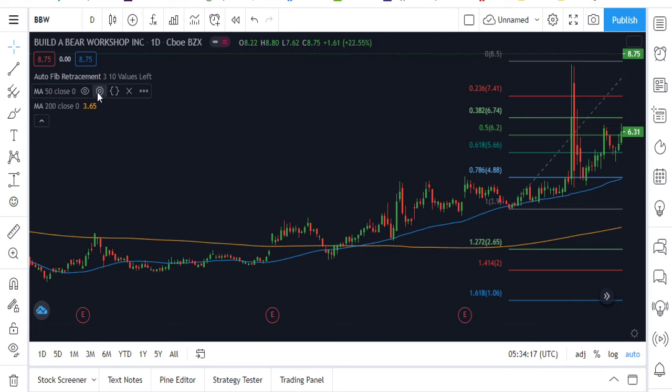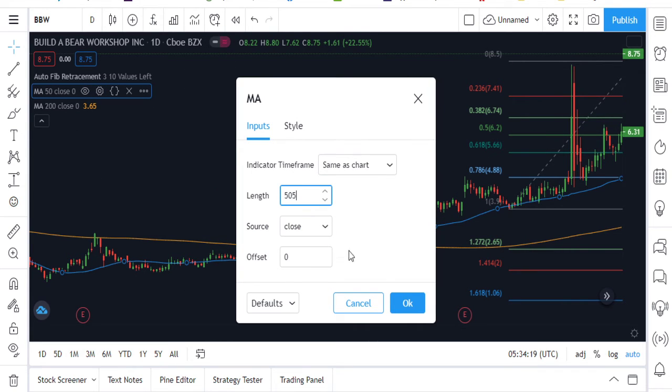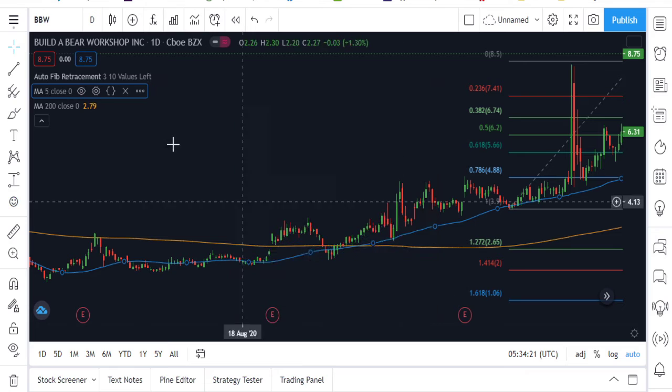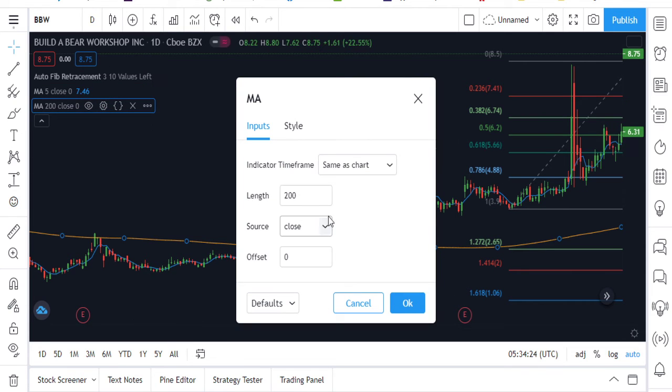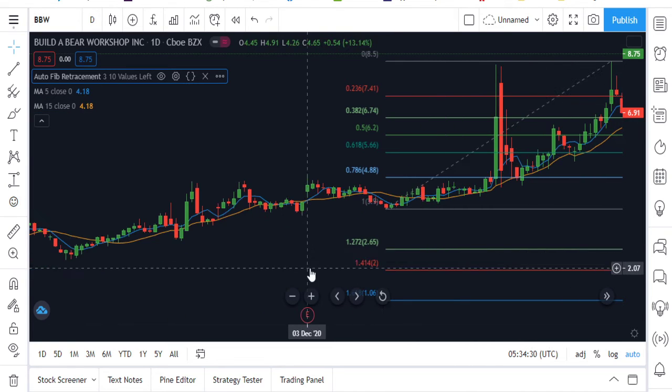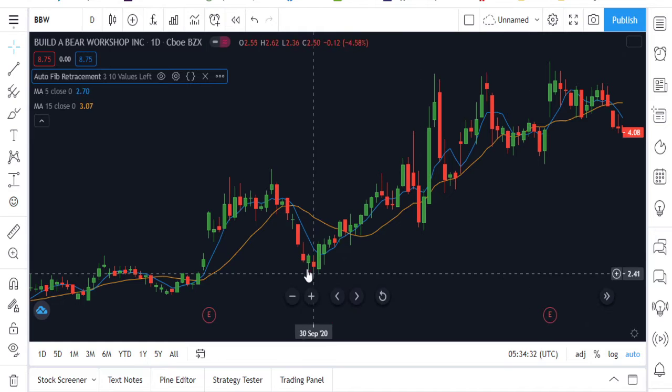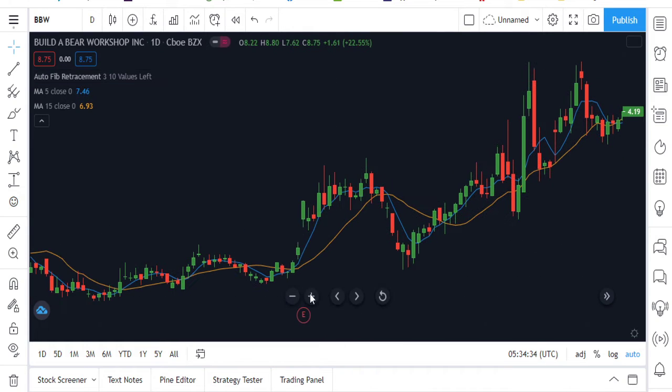Or another strategy you could do is you use the 5-day moving average with the 15-day moving average. So basically, the strategy is whenever the 5 crosses the 15, it creates a buy and sell.